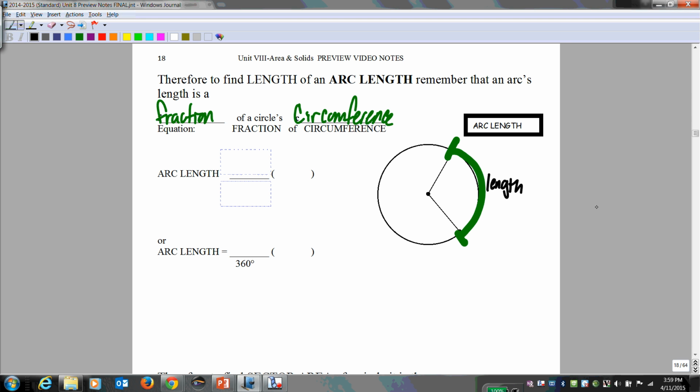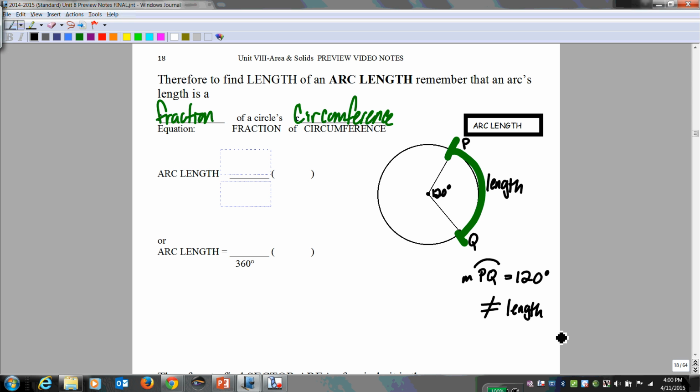Now, be very careful. Length and measure are not the same thing. For example, if this is 120 degrees, I could say the measure of the arc PQ, the degree curvature, is 120 degrees. But that is not the same thing as the actual length.